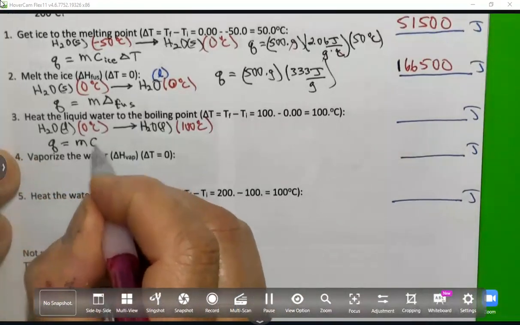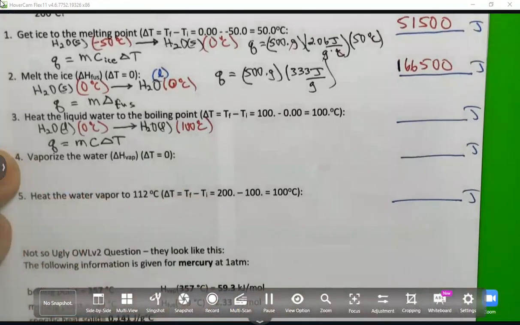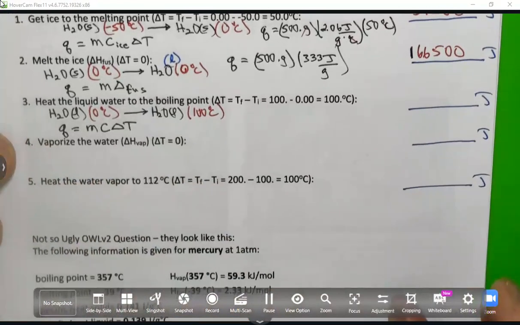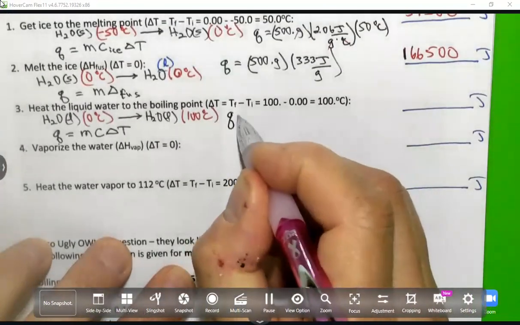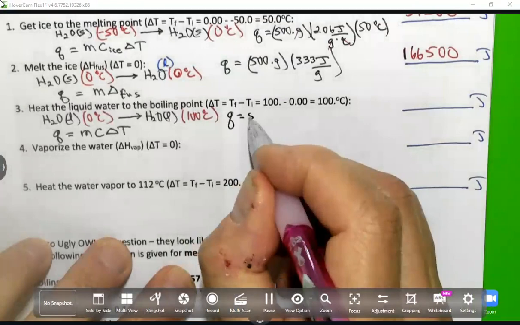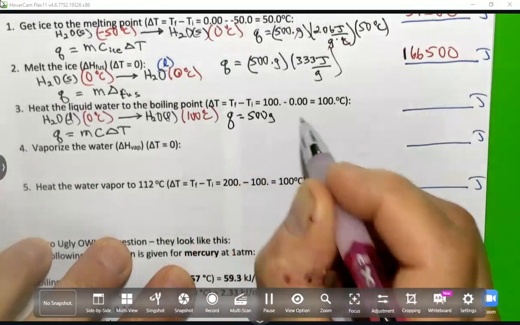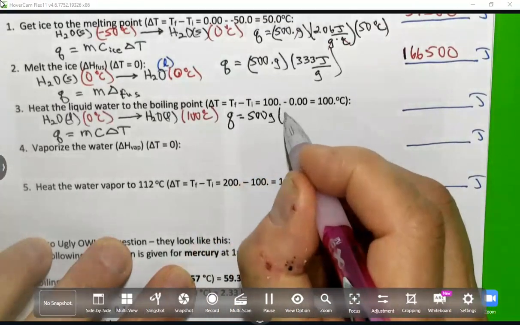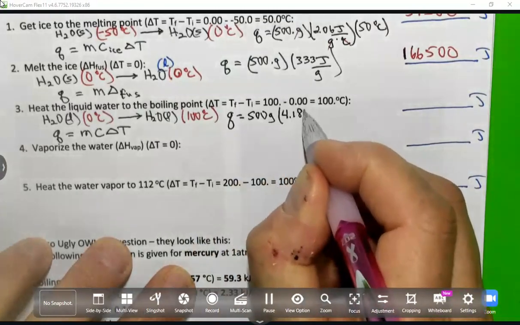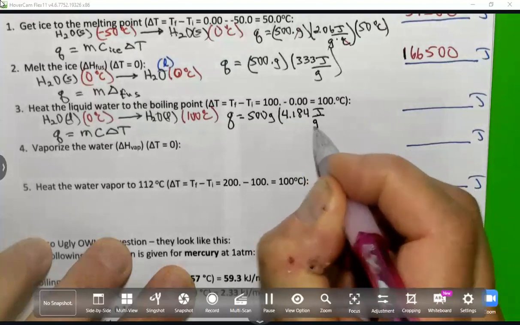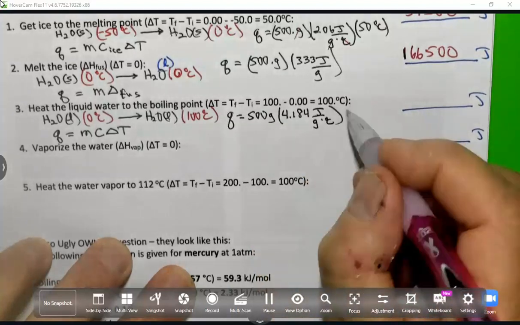Q is equal to MC delta T. So nothing different here, 500 grams. My specific heat is 4.184 joules per gram degrees Celsius.